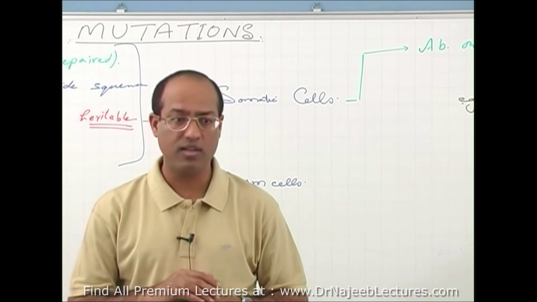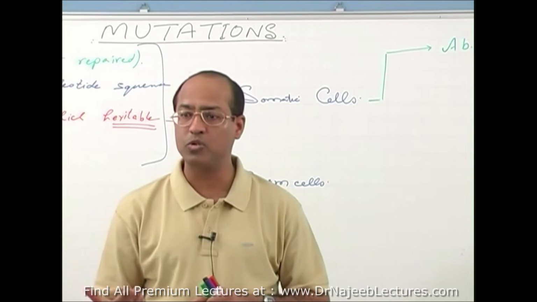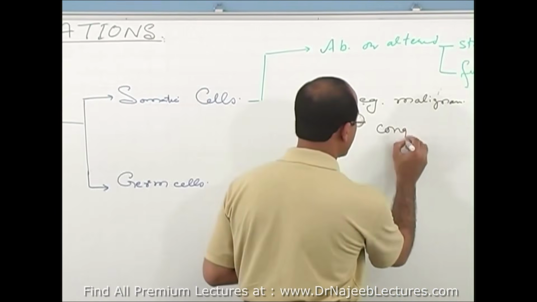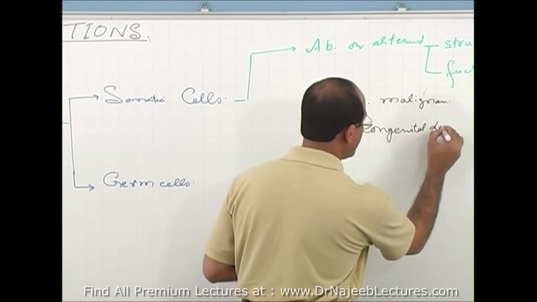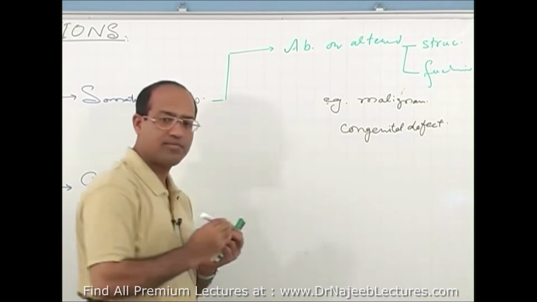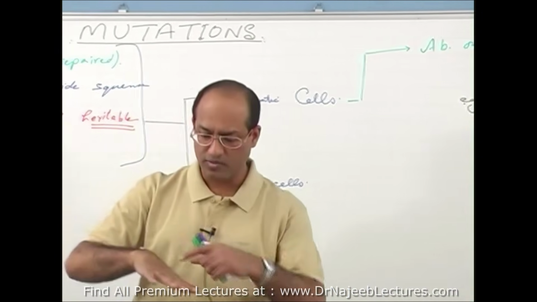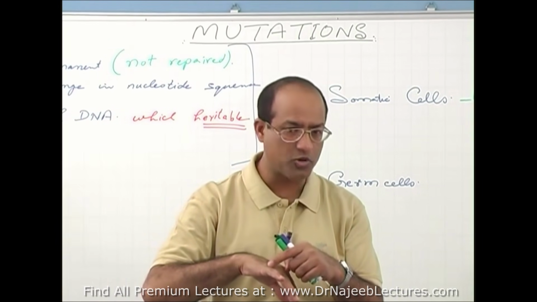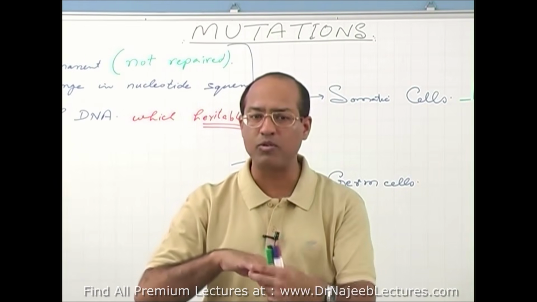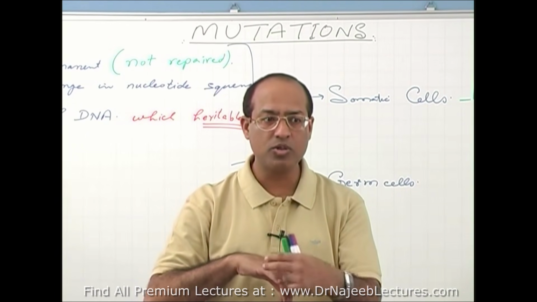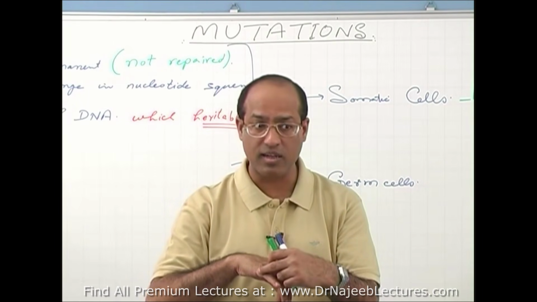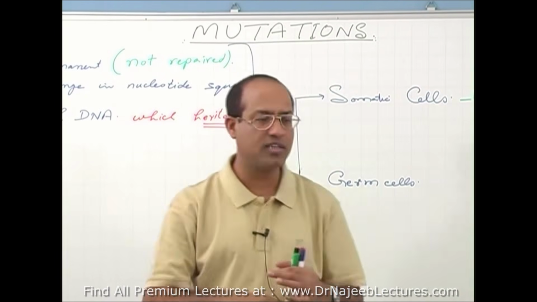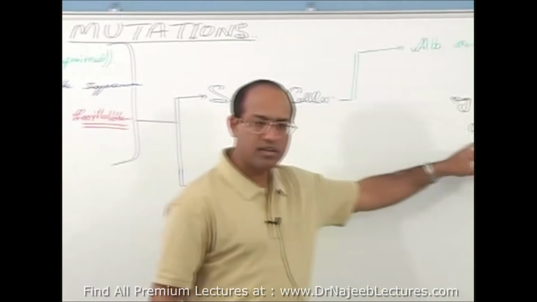It is quite possible that may end up in a congenital defect. For example, when the fingers of the fetus are developing, if some cells related to a finger undergo mutation and don't grow properly, then this finger will be abnormal. So this was a somatic cell, but it produced an anomaly before birth, and this should be considered one of the congenital defects.